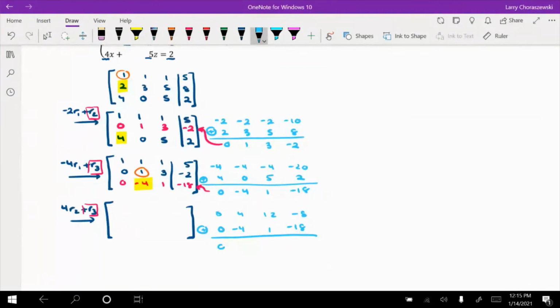So we'll have 0, 0, 13, negative 26. And that's going to be our new row 3. So far, so good?